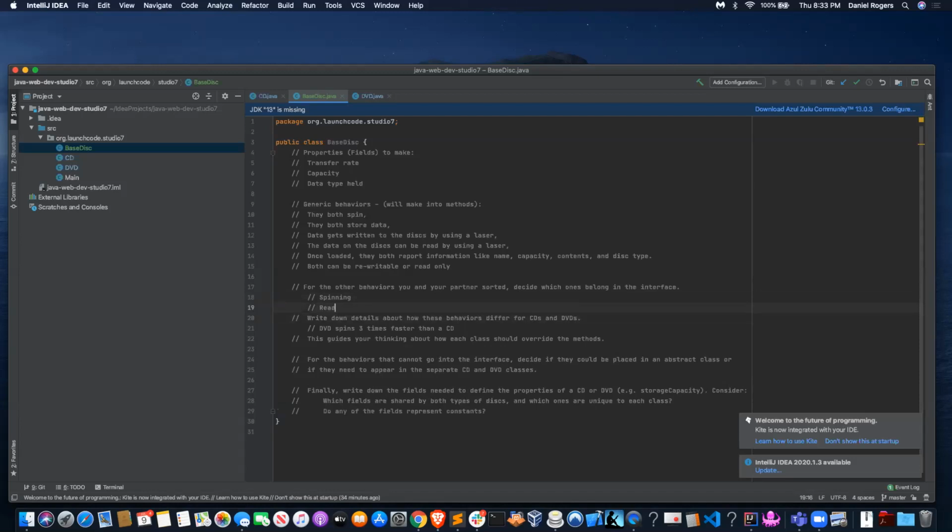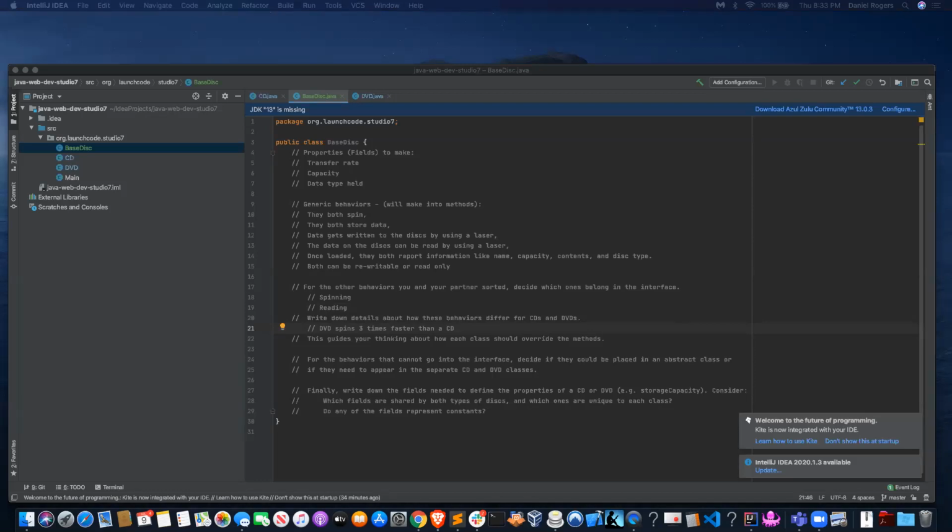Reading the data, I suppose, in that you need different properties; you need different programs to read it, you need different equipment to read it.